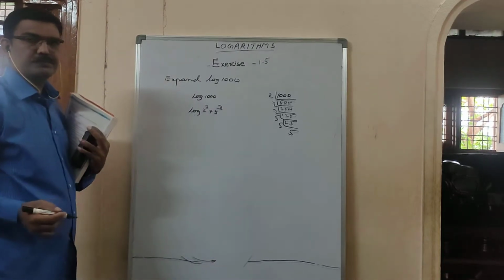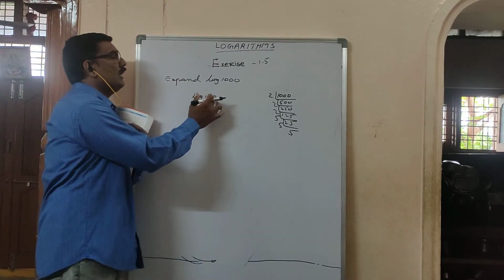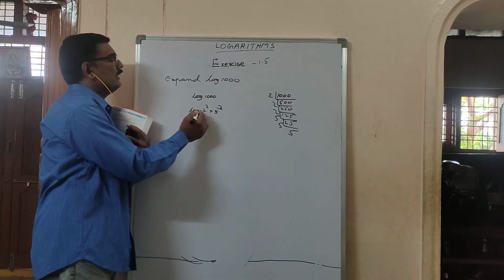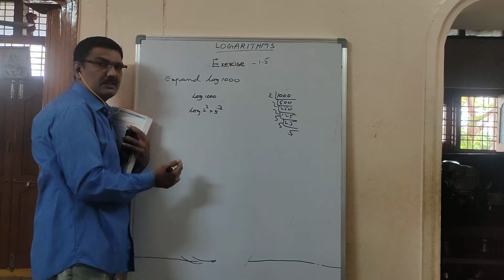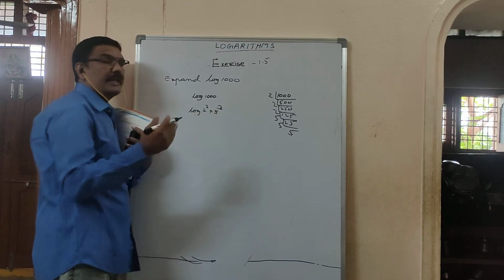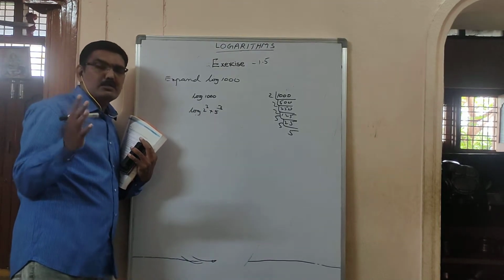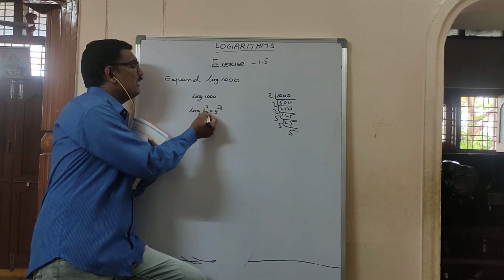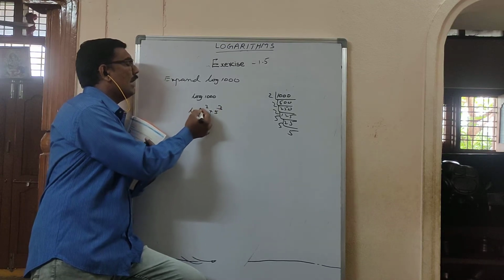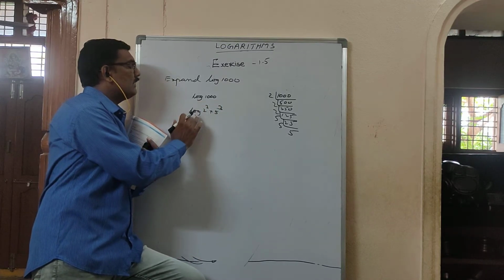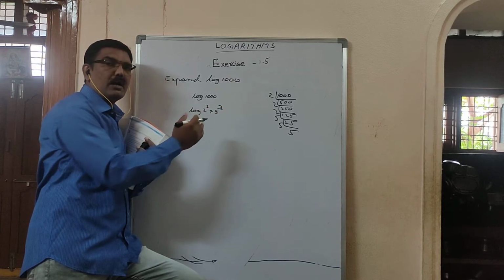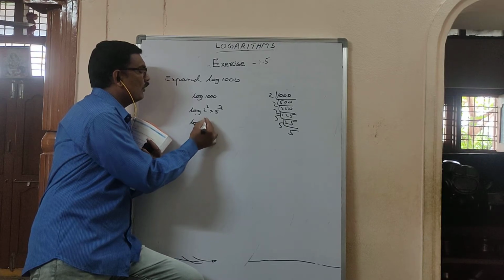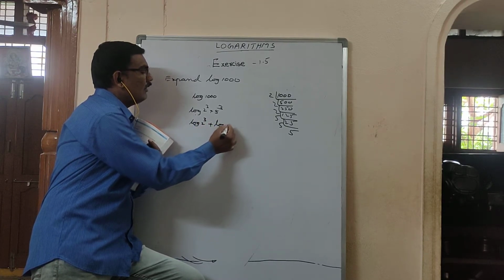Log 1000, I made prime factorization and I expressed as product of primes. I got like this. By seeing this, you should get one formula. In logarithms, I already said to you some formulas. Like 2 cube is m and 5 cube is n. Log m into n. What is the formula for log m into n? Log m plus log n. So you can write log 2 cube plus log 5 cube.